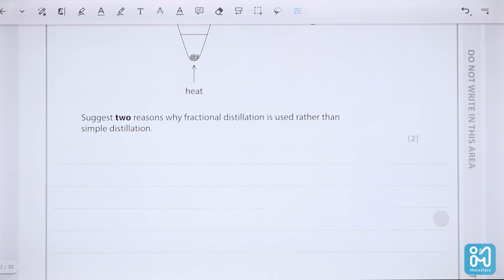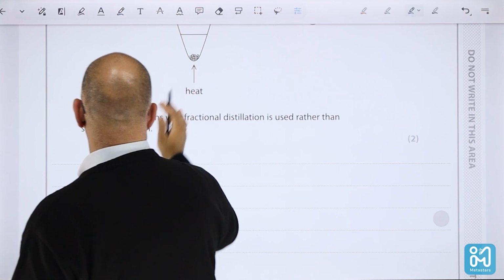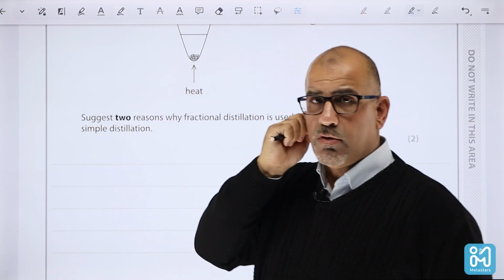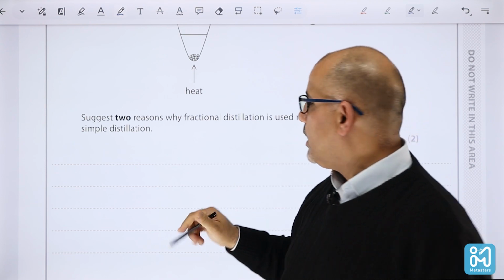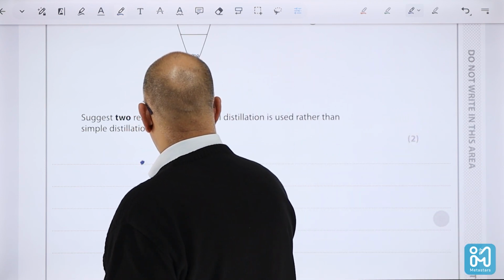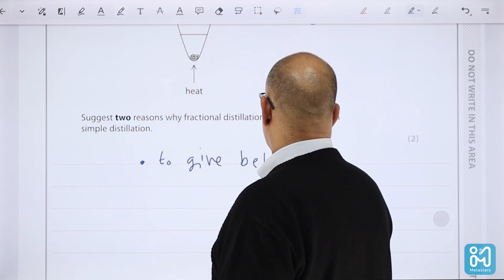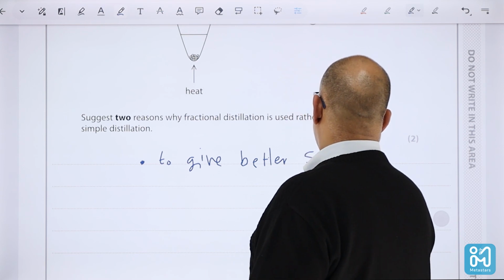Okay, as you know, the fractional distillation column is longer than the normal distillation, and this will give better separation.